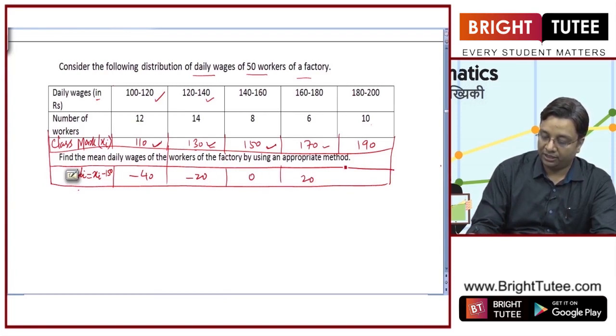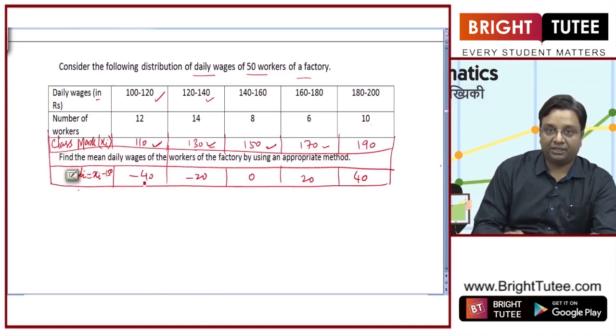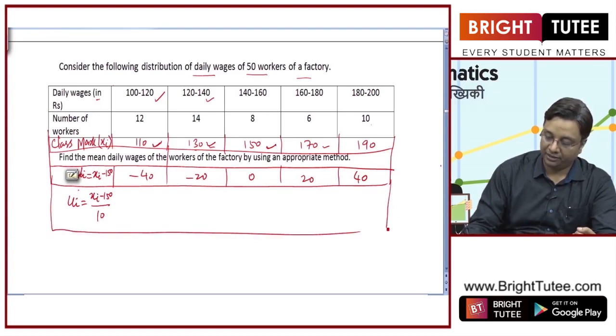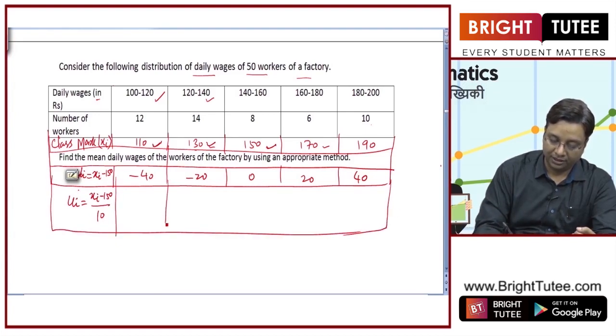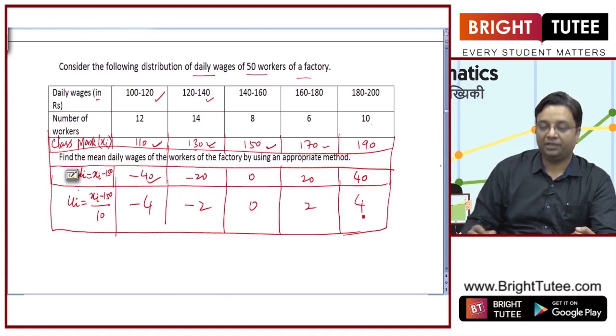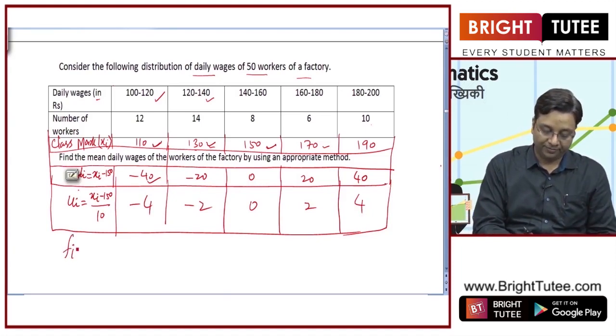So it will give you minus 40, minus 20, 0, 20 and 40 here, right, which can further be simplified by dividing by 10. So let me calculate ui, which is xi minus 150 by 10. So if I divide it by 10, it will give me minus 4, minus 2, 0, 2 and 4.